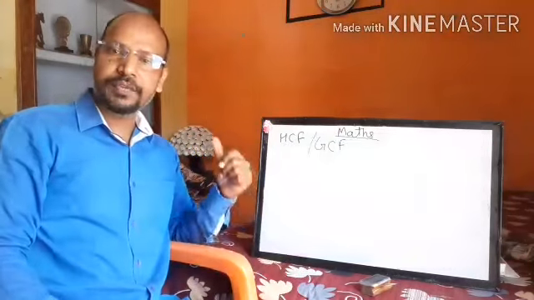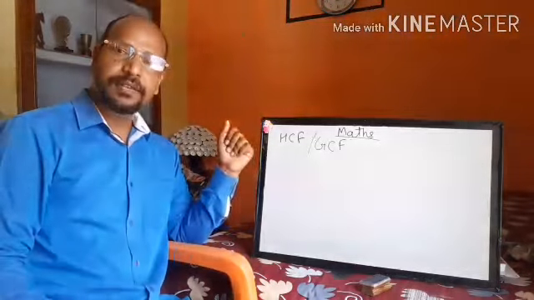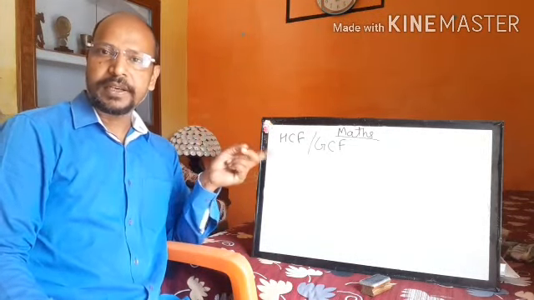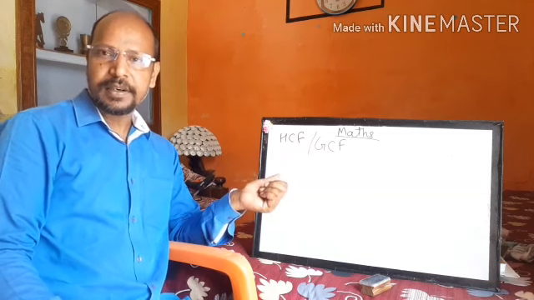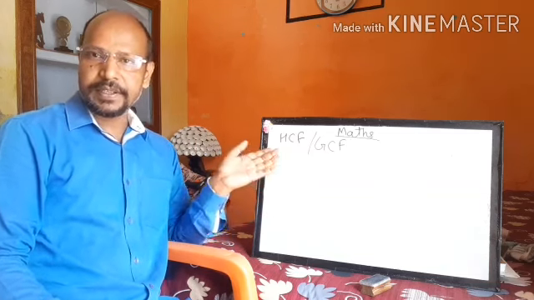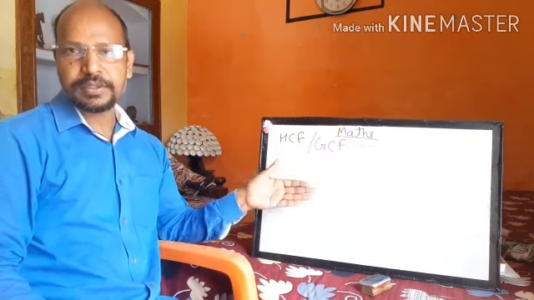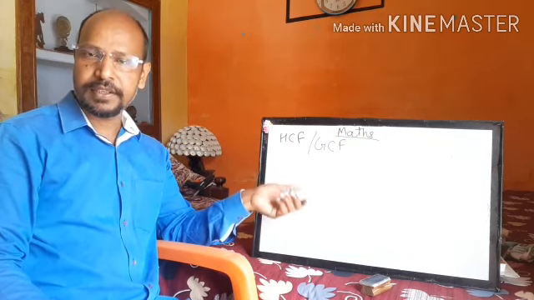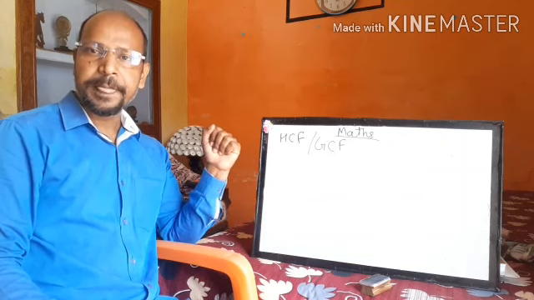So how do we find the HCF of given numbers? There are two methods. One we already discussed earlier: first find all the factors, find the common factors, and then the highest one, as we did in the previous example.